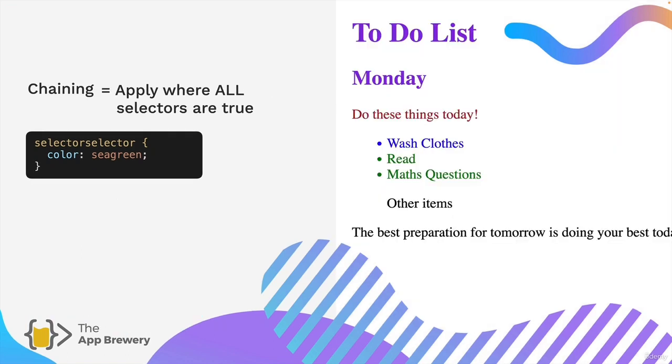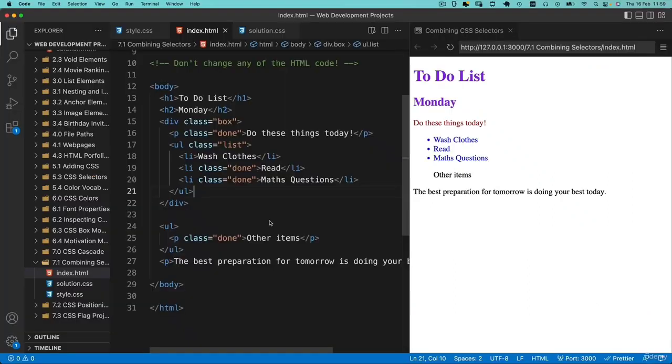So now your challenge is to figure out how to only select these two bullet points in order to turn them into the sea green color that you see right here. These are the two items that we want to select. So we could go for the class, which is done, but notice that there's other items with the class done, and we can't change the HTML code. How can we use this chaining method in order to get hold of these two items?